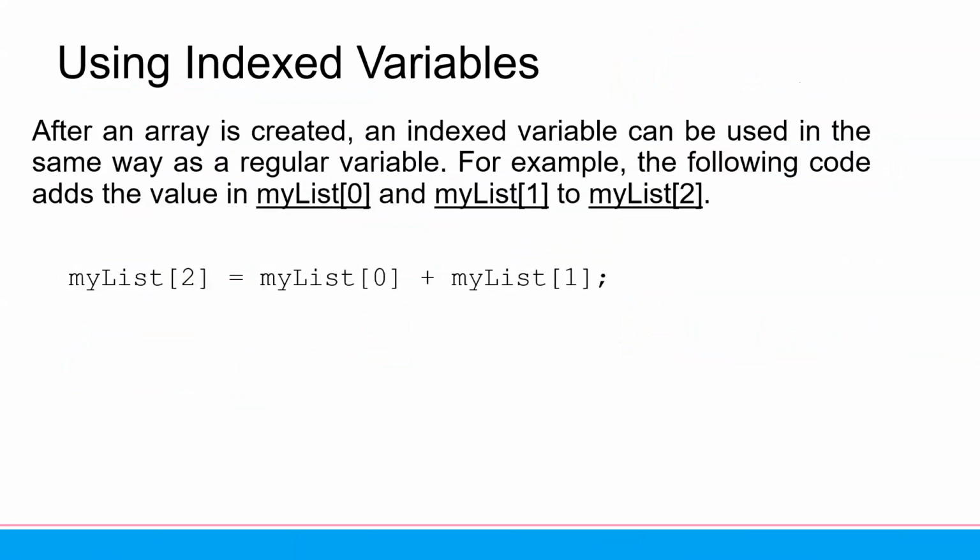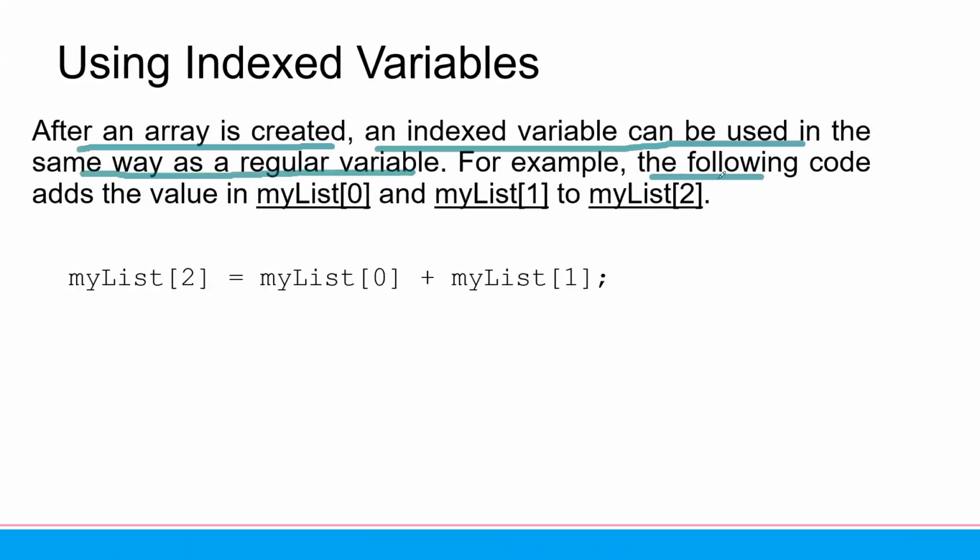And you can use the index variables as the common variable. So for example, I have an array, and this array I would like to have a summation. So here, after an array is created, an index variable can be used in the same way as the regular variable.